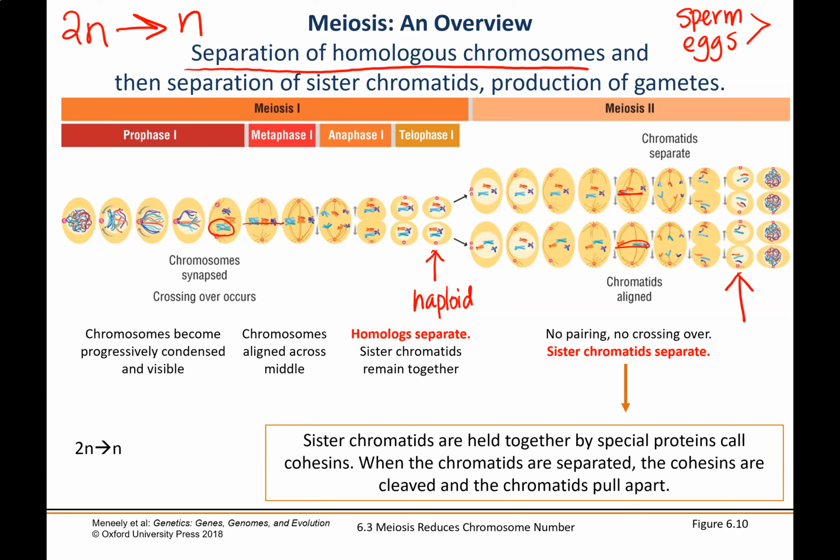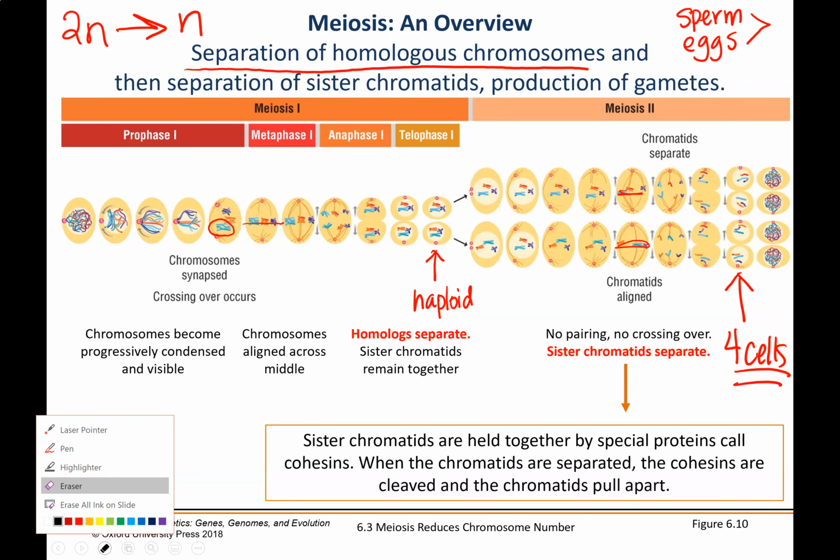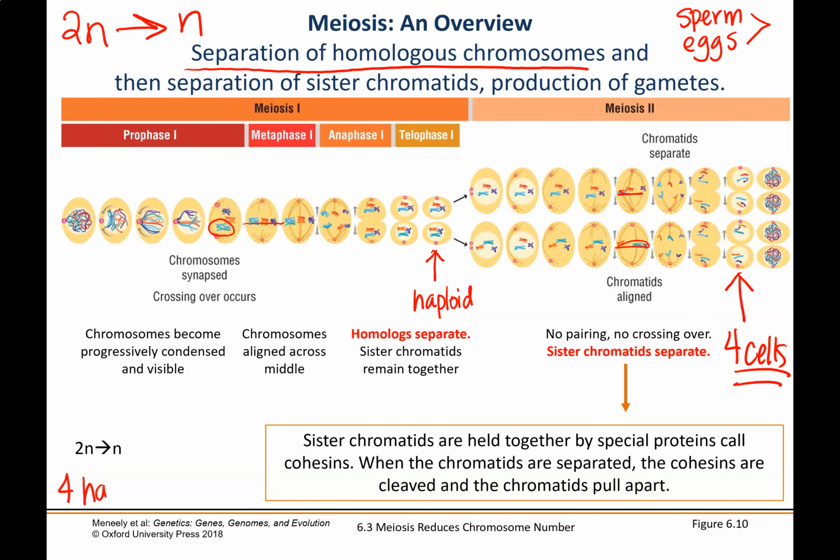with the end result that we produce 4 cells at the end. Now in mitosis, we only produced 2 cells. So in meiosis, we produce 4 cells. Each cell is haploid. So we have 4 haploid cells at the end of meiosis.